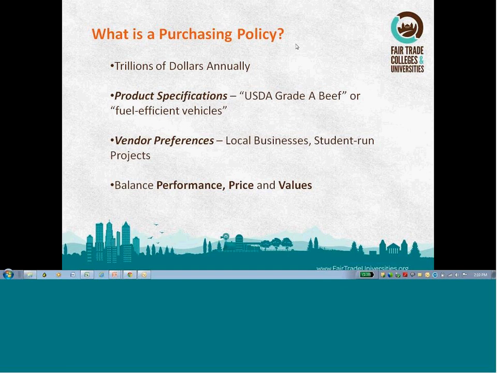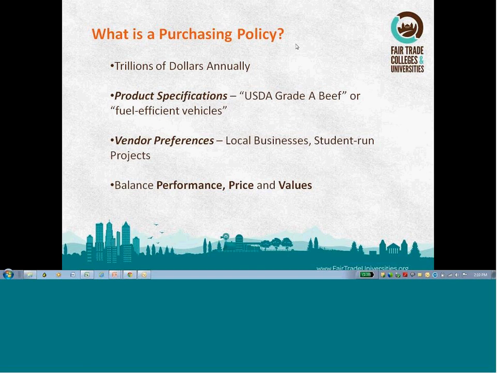For example, if you want to buy grade A beef, that might be for health reasons. Fuel-efficient vehicles might be for environmental reasons. There are also vendor preferences that are put into contract language and into policies. Your institution might want to support local businesses or support student-run projects and uses purchasing to do so. And these are all written up in purchasing policies.